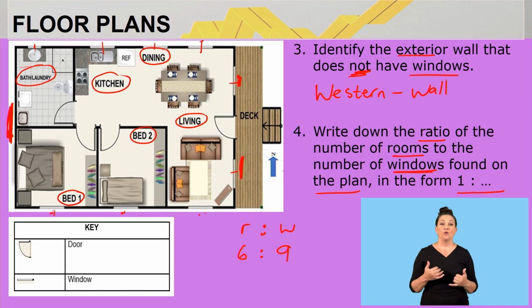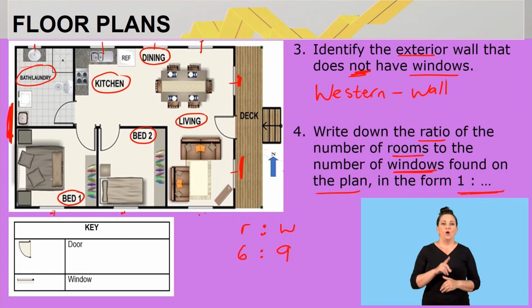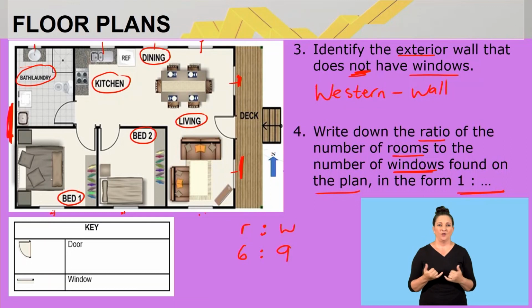So the order, as I've indicated, is very important. Then we still need to do one last thing. It says it should be in the form 1:. At this moment, that's not the form there. I'm saying it's 6:9, whereby 6 represents the number of rooms, and 9 represents the number of windows. So therefore, I'm going to take this to a unit form.